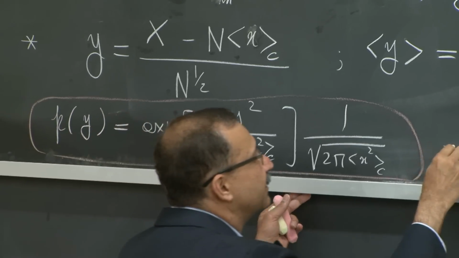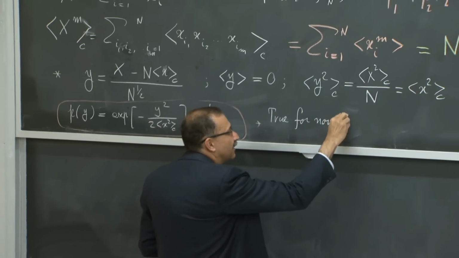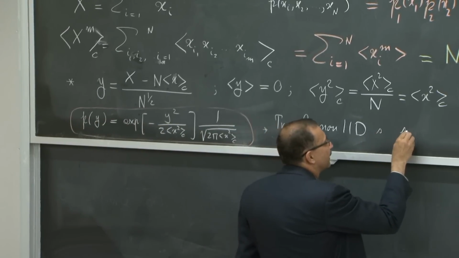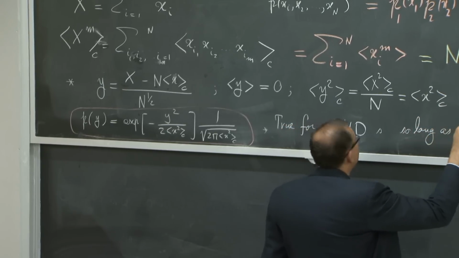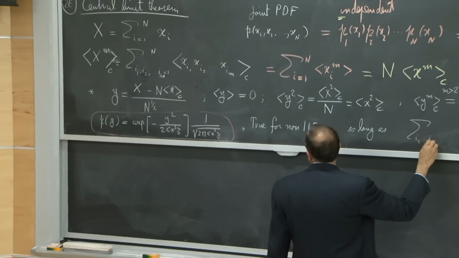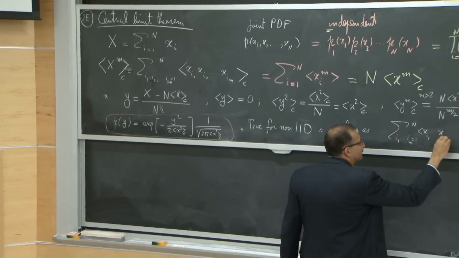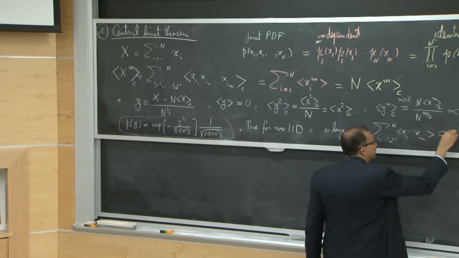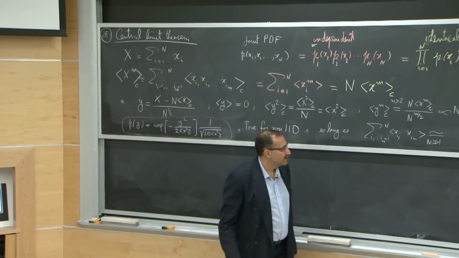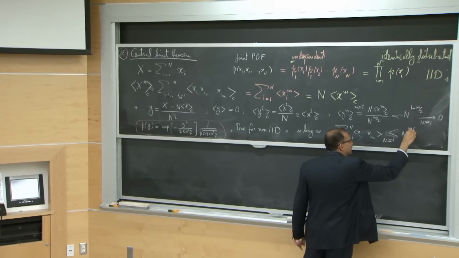And this result is true for things that are not IIDs, so long as this sum, over i1 to im from 1 to n, of x i1 to x im, as n goes to infinity, is much less than, or of the order of, strictly less than n to the m over 2.